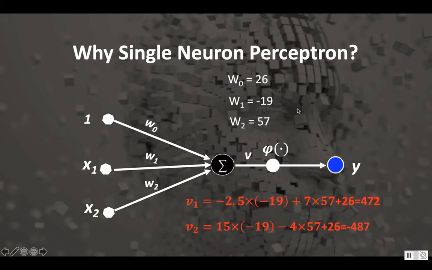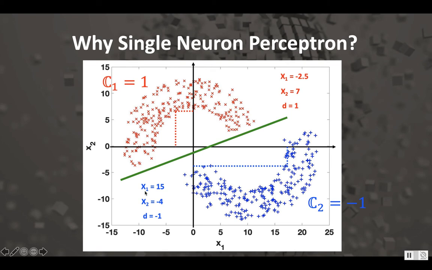So here we use W1 multiply with x1 and W2 multiply with x2 and plus the bias. That one equals 472. And then for the next input, this one, x1 equal to 15, x2 equal to -4, and d equal to -1.